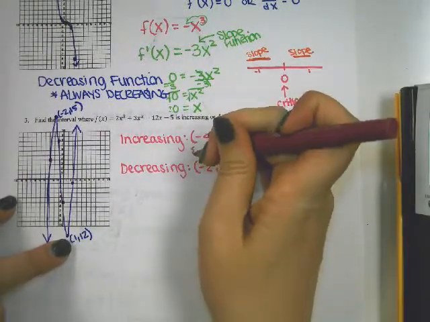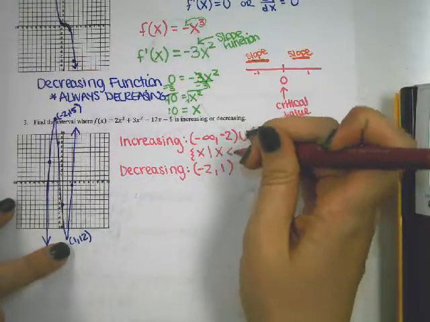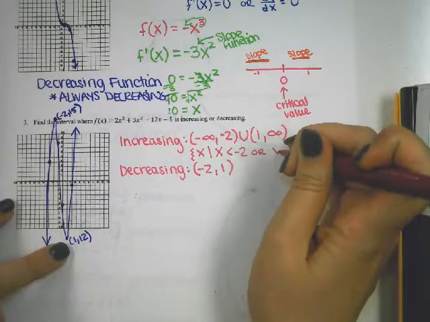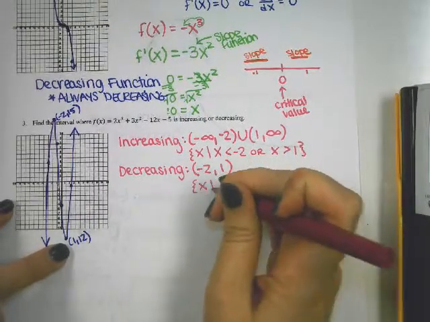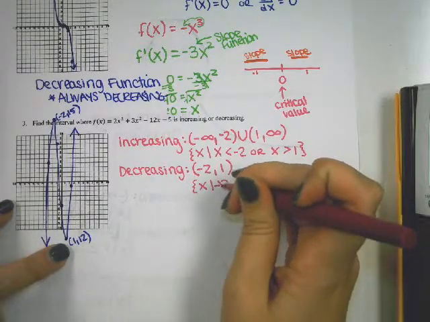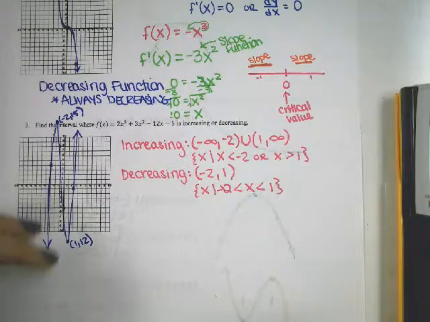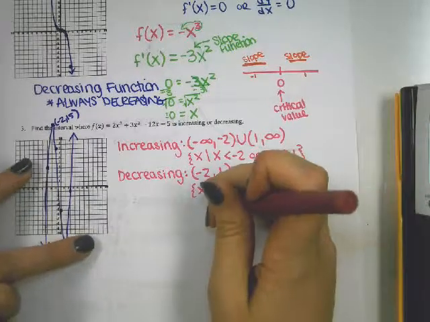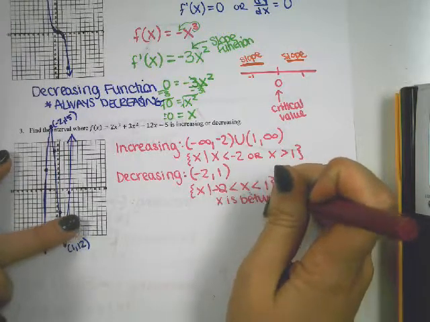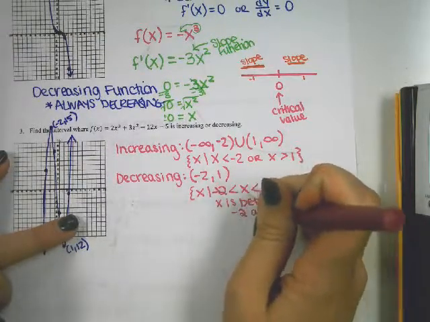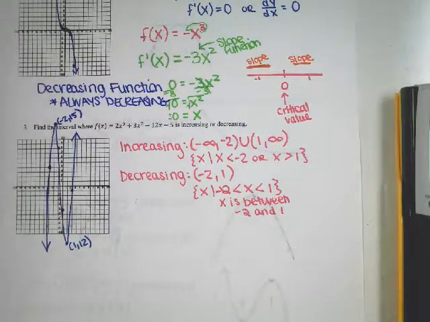In set notation, if you prefer, it's all x such that x is less than negative 2 or x is greater than 1, or all x such that negative 2 is less than x, which is less than 1, implying that x is between negative 2 and 1. The IB exam would be fine if you wrote x is between negative 2 and 1. So if you don't like that notation, you can write it in words, and they're totally fine with that.